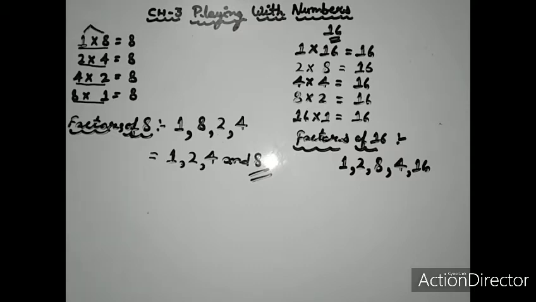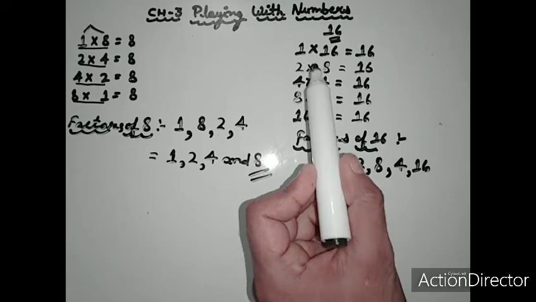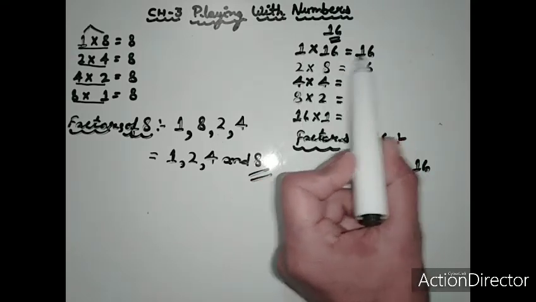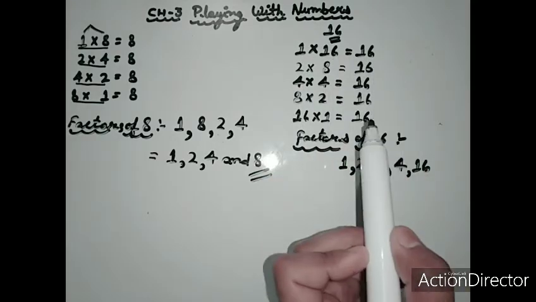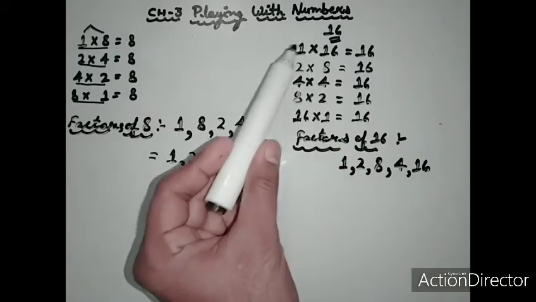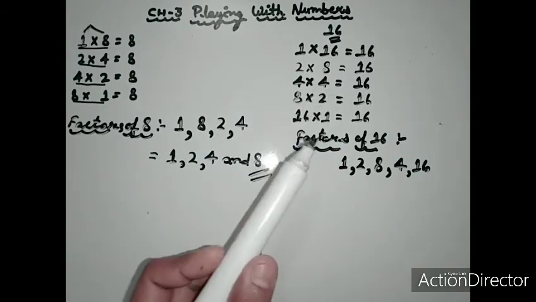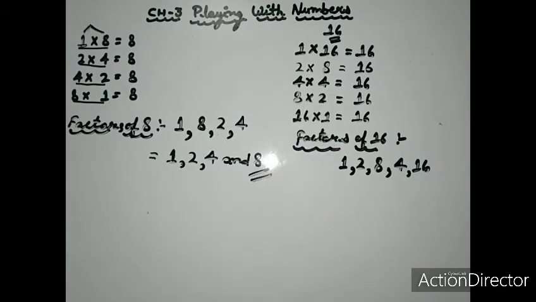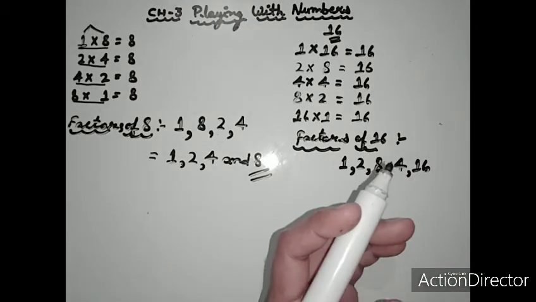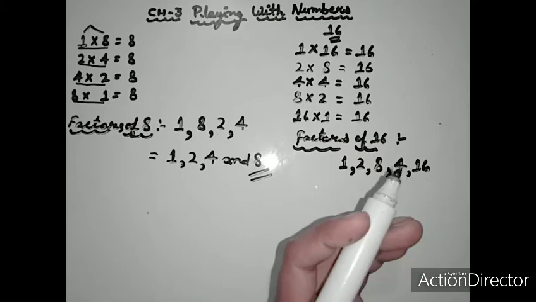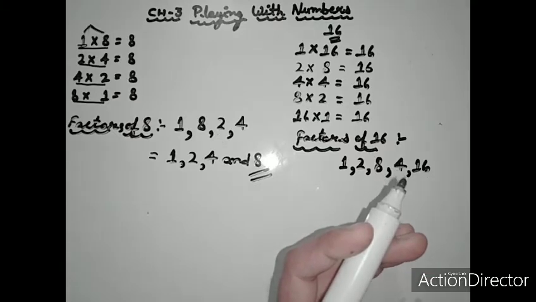Alright, so basically here we check and multiply two numbers and get the product 16. First we start from 1, then 2, then 3, then 4, 5 and so on with the other numbers. So dear students, by using this method you can find the factors of any number directly.